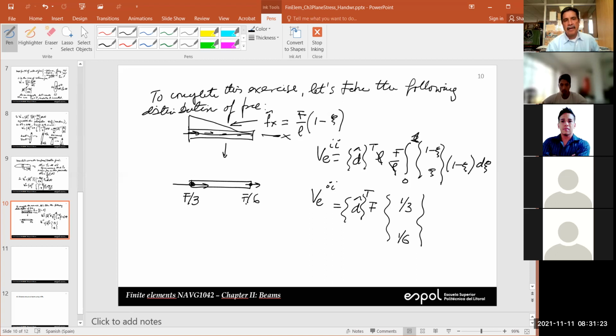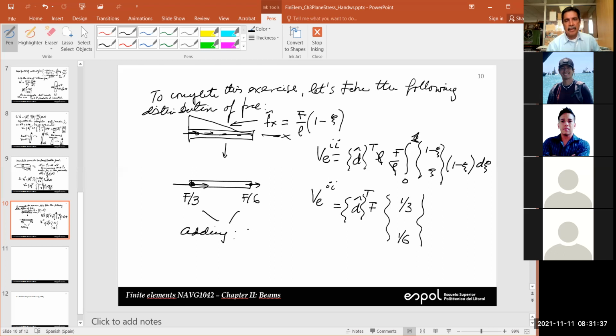How much is this if I add 1/3 plus 1/6? 1/3 is 2/6 plus 1/6 is 3/6, that's 1/2. So adding, we're going to have F/2.